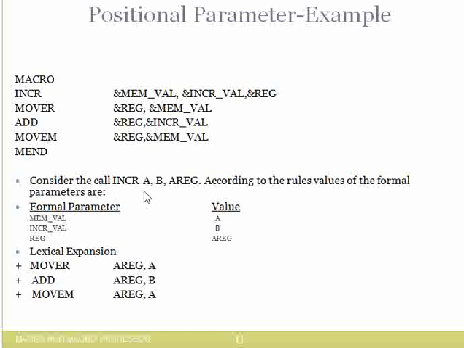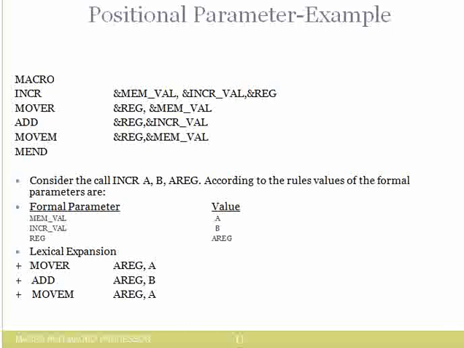So when I make this macro call, if we look at the body of code of the macro, that is these three lines, move R, add, and move M, which contain positional parameters, are replaced by their actual values which are present in your macro call. And we see that wherever memval appears, A is written, wherever INCR_val is there, B is written, and wherever register is there, A register is written.